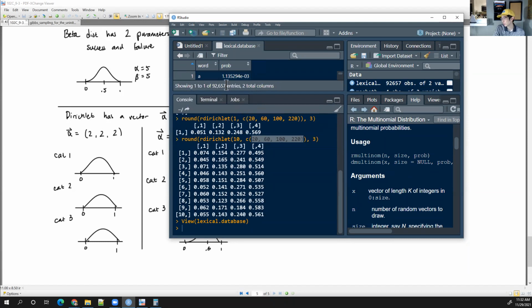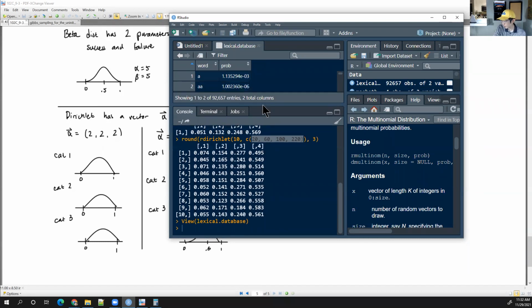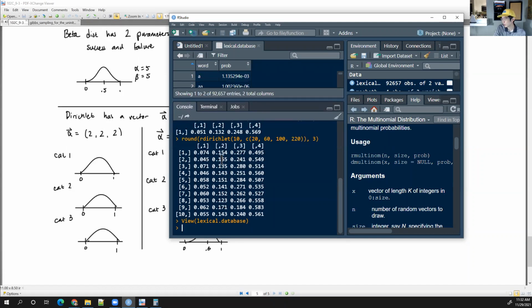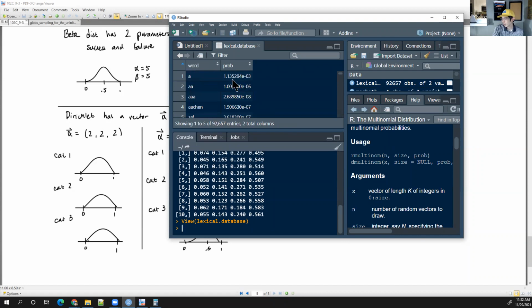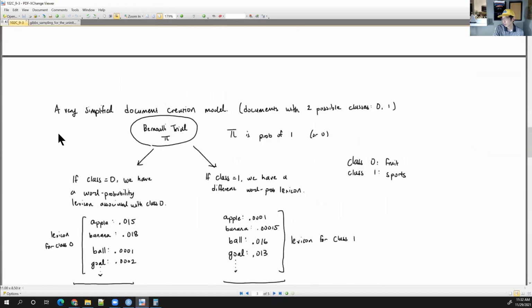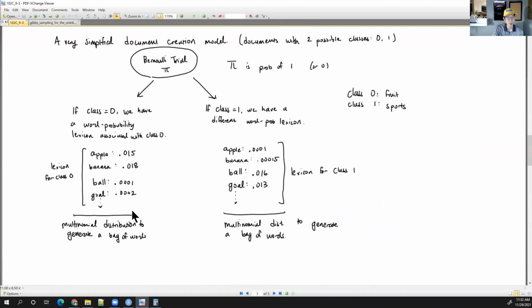And maybe we won't go as extreme as 90,000 of these entries, but basically we're going to use a Dirichlet distribution to generate the word probability vector. And then we're going to use the resulting word probability vector to generate the actual word counts that we observe.